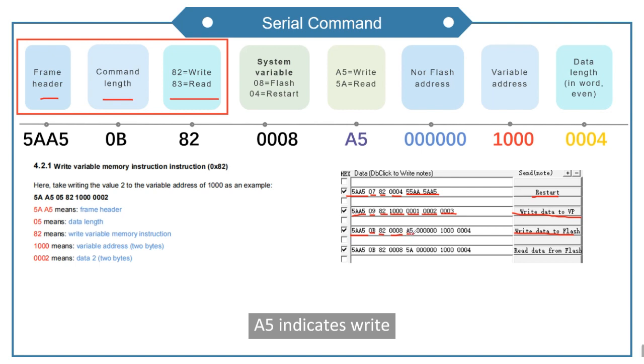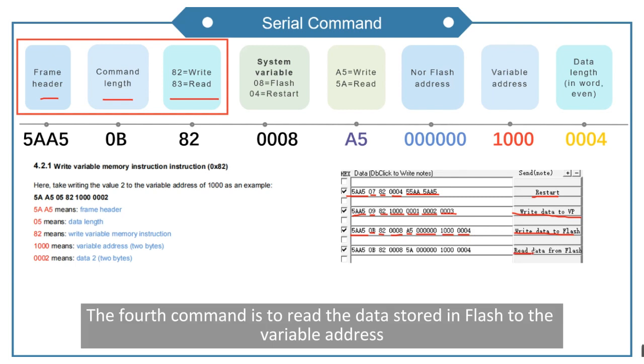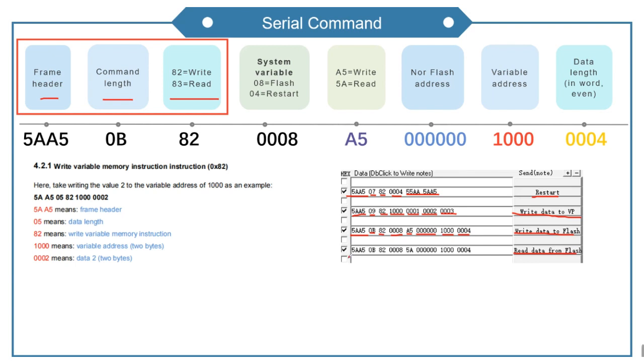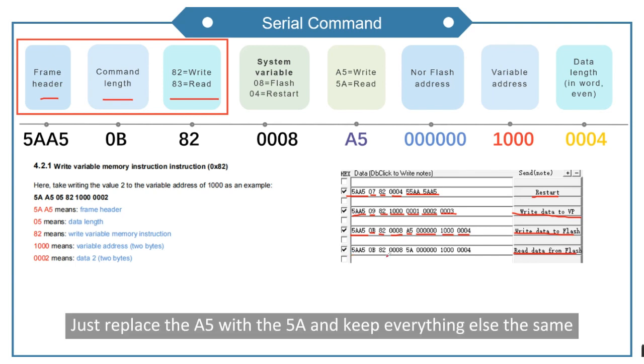A5 indicates write. 000000 is the NOR flash address. 1000 is the DWIN variable address. 0004 is the data length. The fourth command is to read the data stored in flash to the variable address. Just replace the A5 with the 5A and keep everything else the same.